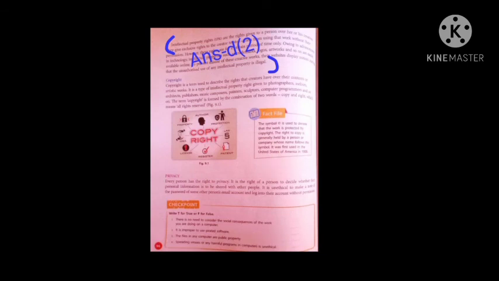Next question. Question number 2. What do you understand by the term intellectual property rights? The answer is on page number 96. Intellectual property rights are the rights given to a person over her or his creation.